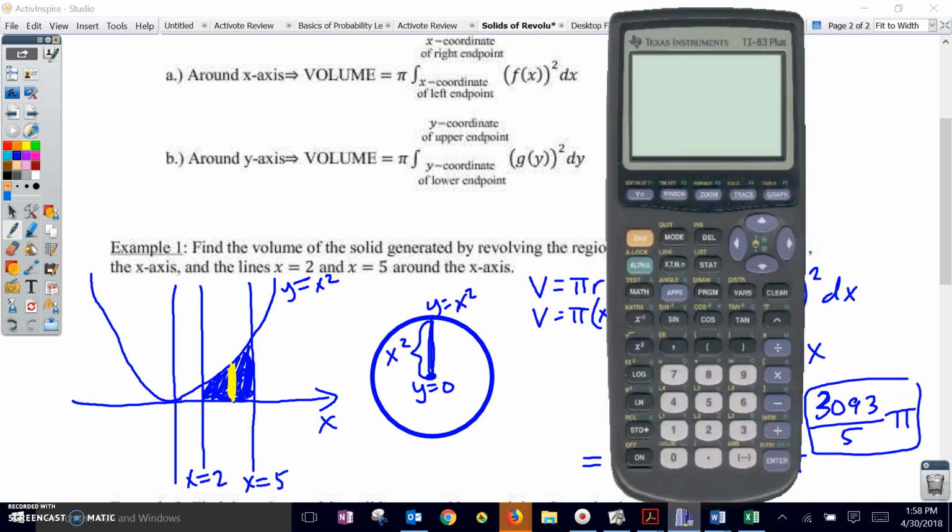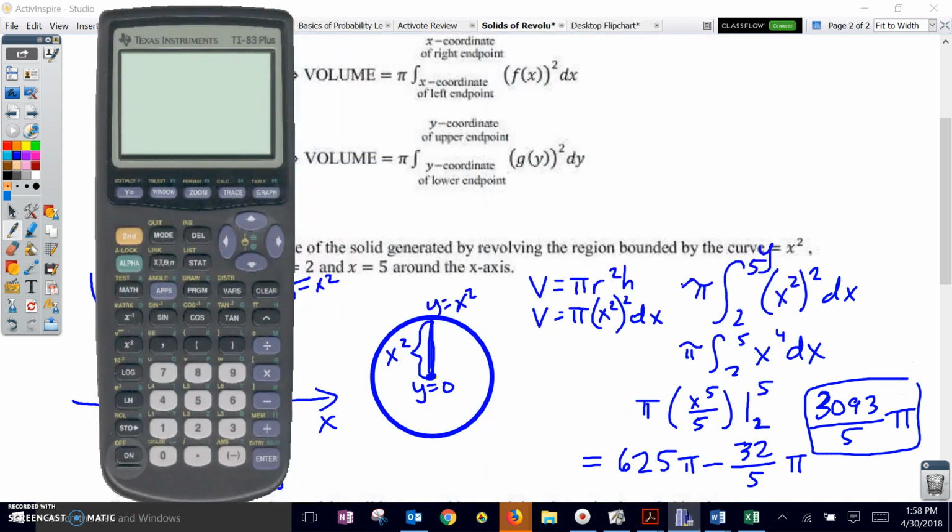And I'll just double check that, make sure I got that value correct. I'm going to use my numerical integral feature and do the numerical integral of x to the 4th with respect to x from 2 to 5, and I'm going to multiply that by pi.